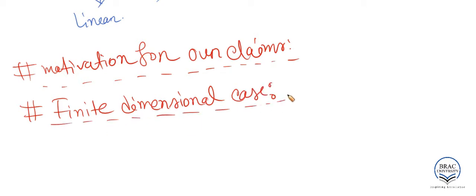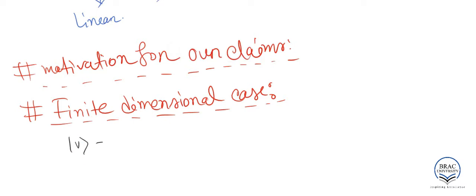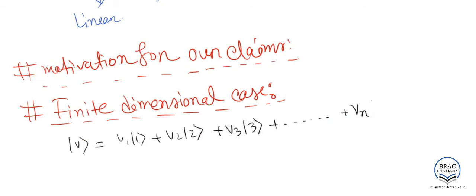For a finite dimensional case, we can represent the vectors, that is the ket vectors, in terms of column matrices, right? And you can write down any vector, let's say v, in terms of v1|1>, v2|2>, v3|3>, and so on, up to vn|n>.